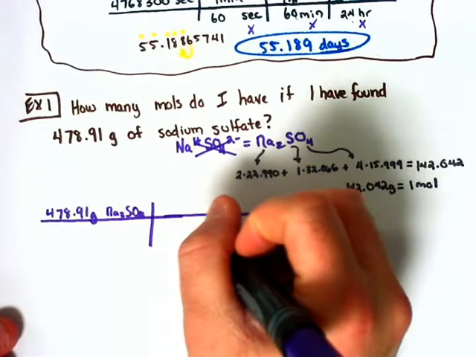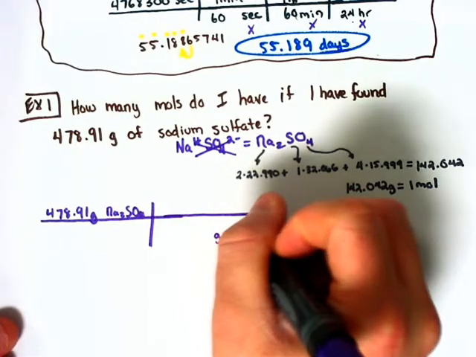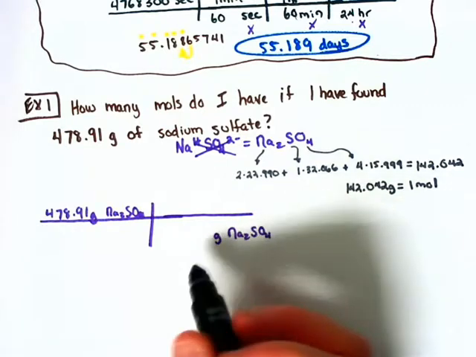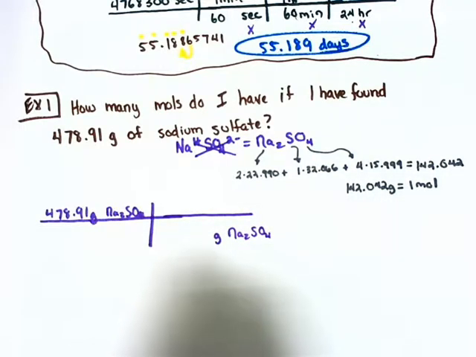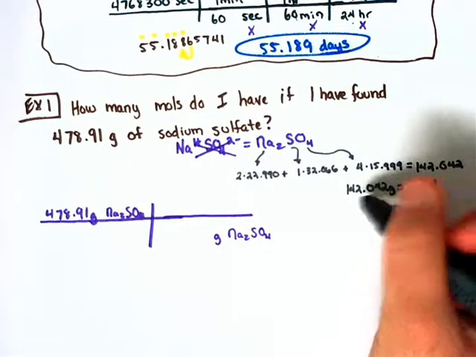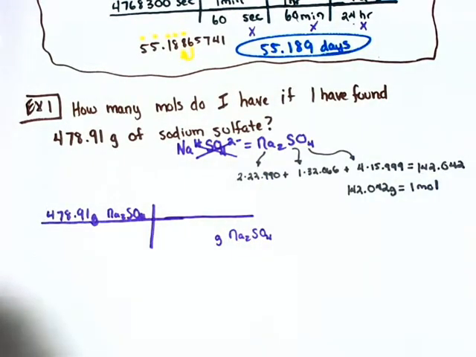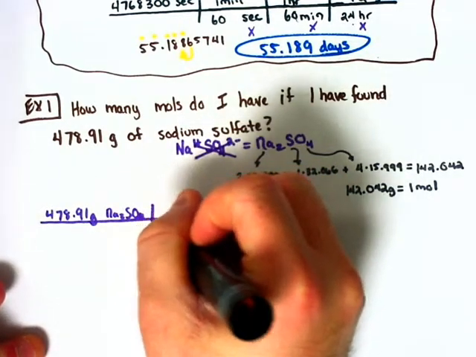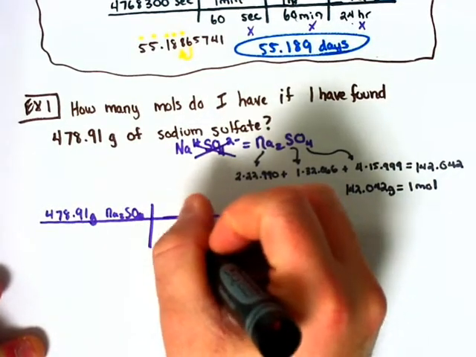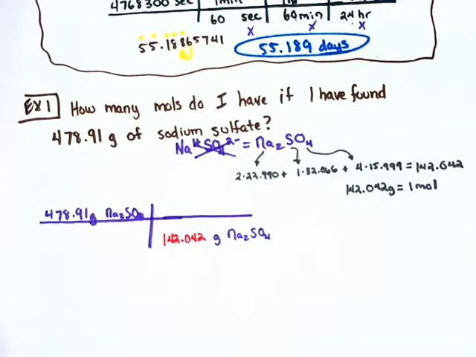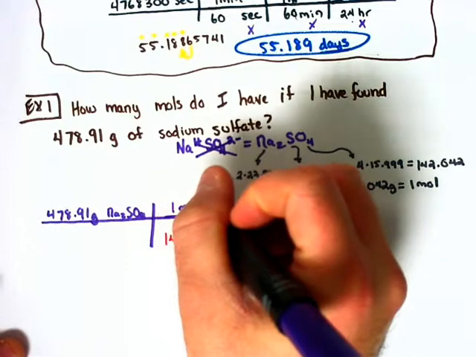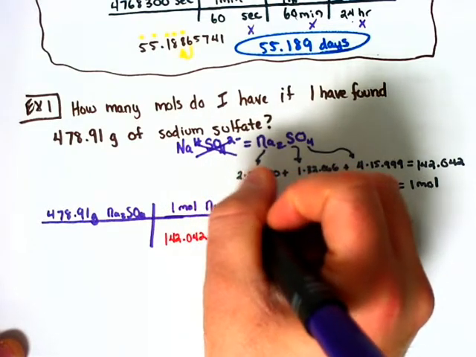Let's go and put that down there then. Grams of Na2SO4 should go on bottom. Do I know the number of grams of Na2SO4 in 1 mole of Na2SO4? Just found it out, right? Just wrote it down. So there are 142.042 grams of Na2SO4 for every 1 mole of Na2SO4.